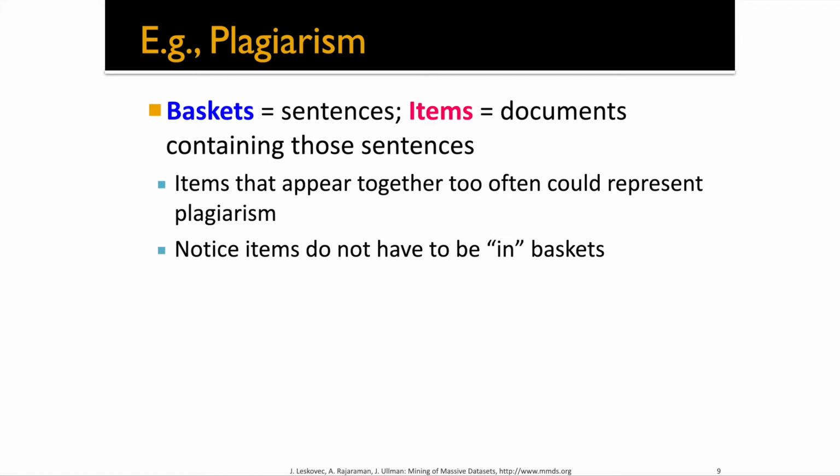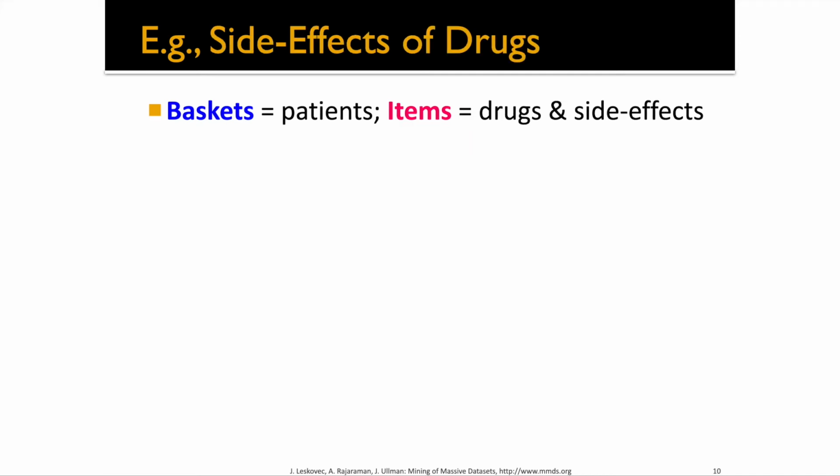Whereas if it was a non-plagiarized document or an original piece of work, then you would only expect this item to appear very rarely. The drug case is where baskets represent patients, and the items represent the drugs and the side effects.